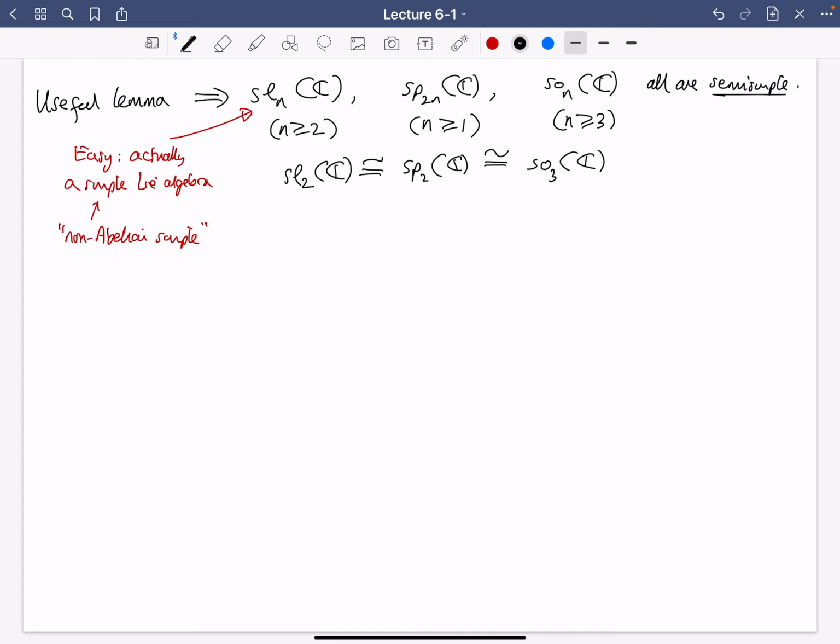They are all the three-dimensional simple Lie algebra. Okay, so we have examples of semi-simple Lie algebras, SL, SP, and SO, which you should maybe care about already. So it's kind of reasonable to be studying this class of semi-simple Lie algebras since it contains these infinite families which are very important.